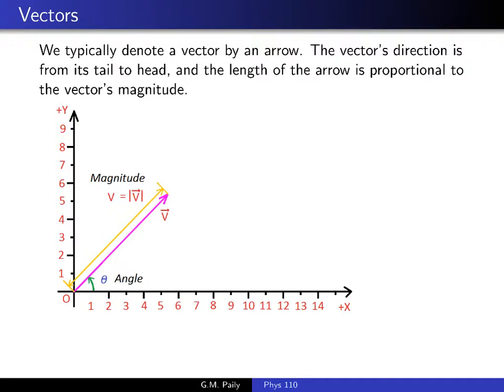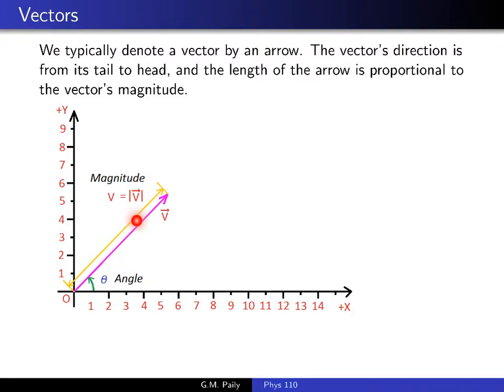The magnitude is given by the length of the vector. Notice that for the vector itself, I use, in this case, the letter v with a little arrow on top. The magnitude of the vector is just the letter without the arrow, or it is sometimes written as the symbol for the vector.